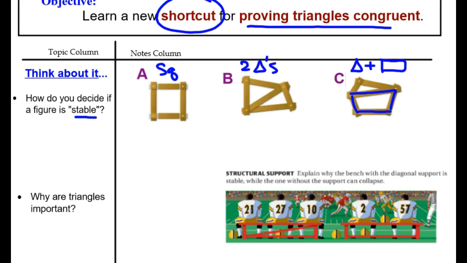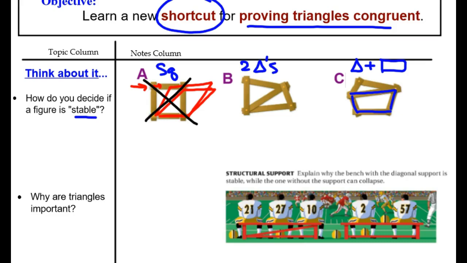It turns out if on this first shape you pushed right here, this button right here would actually slide a little bit, and you would end up moving it like that without changing any of the sides. You could push even more, and it would keep sliding over. So this one is actually not very stable at all.